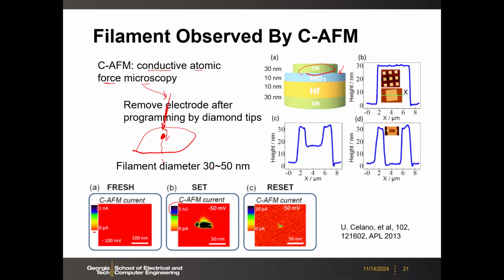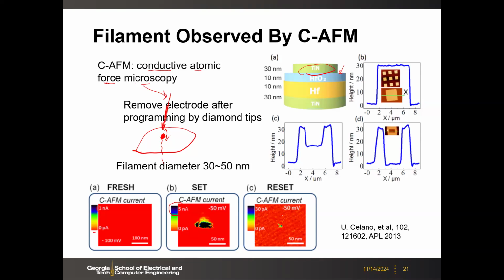So here it measures the filament size, diameter is like 30 to 50 nanometer in the middle part, right? And then after reset, you see that the filament shrinks to almost disappear, right? And then current reduces. So it verified that under this device surface, there are local conduction filaments, right?